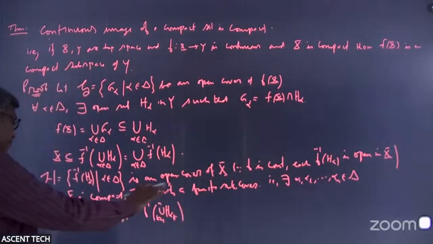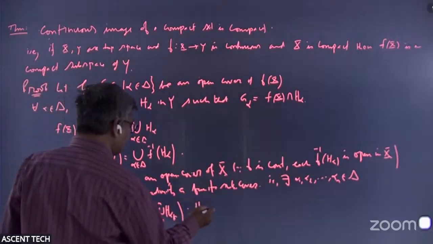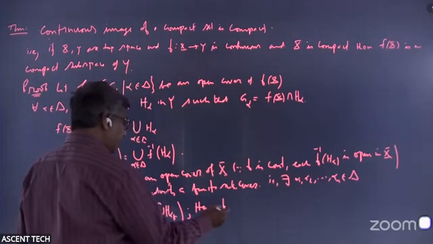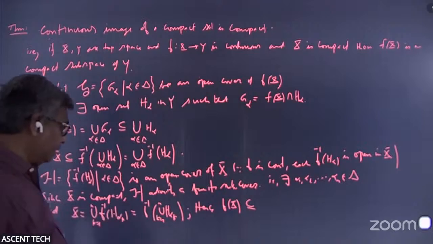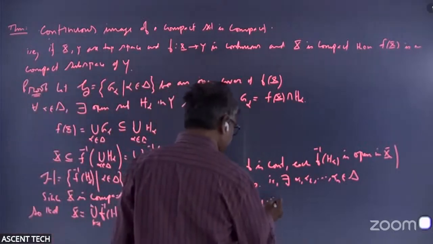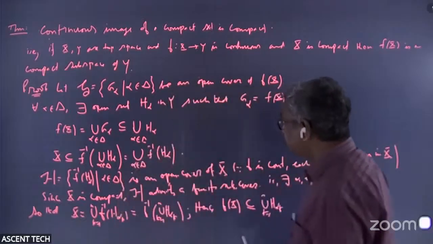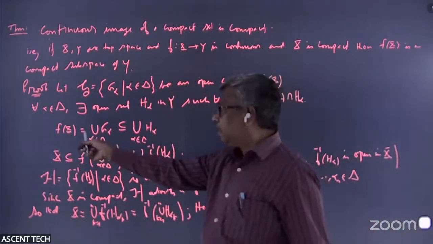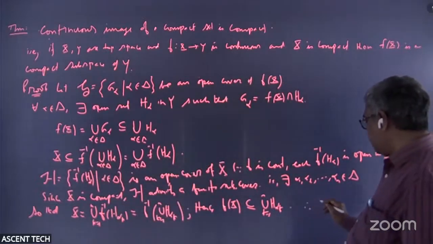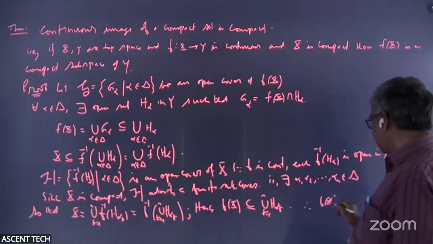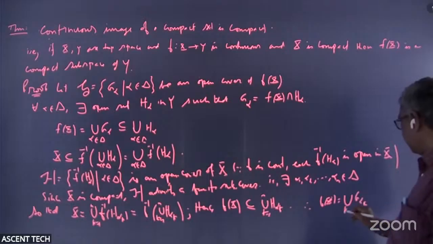So if you take f on both sides, you get the containment. Hence f of x is contained in the union of H alpha k, k equal to 1 to n. In particular, the corresponding G alphas will make sure that f of x is equal to the union of G alpha k, k equal to 1 to n.